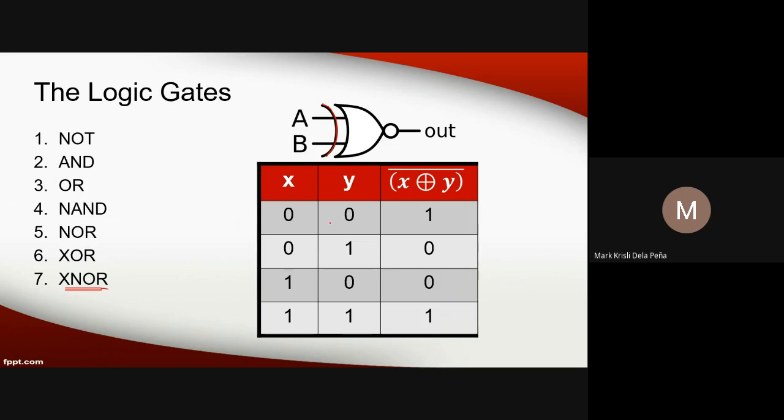The output will be 1 if both inputs have the same values at the same time. For example, if X and Y are both 0, then the output of that gate is 1. If X and Y don't have the same values, then the output is 0.